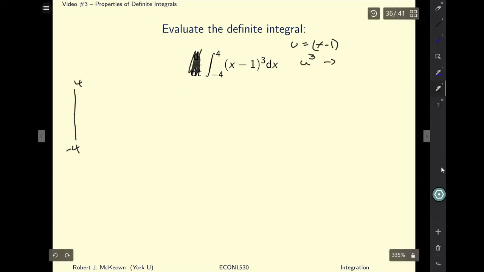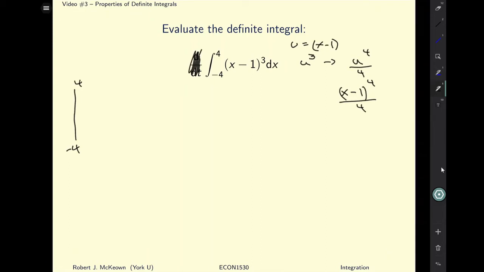And if I integrate that, I'm going to have u to the 4 over 4. And replace the u with what it actually is. And there we go. We've integrated this function. And so I've got (x minus 1) to the power of 4 all over 4.